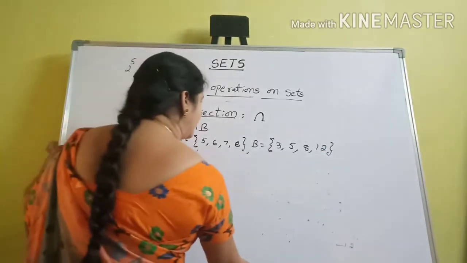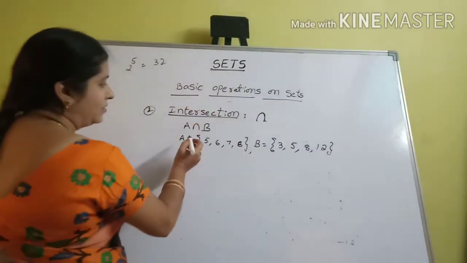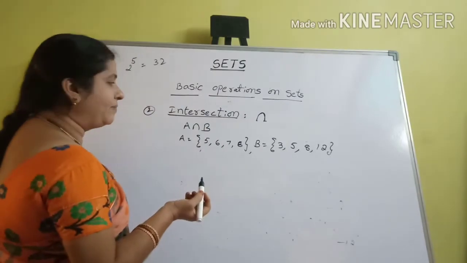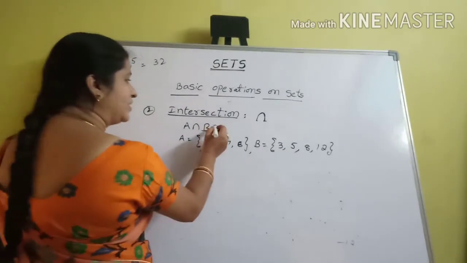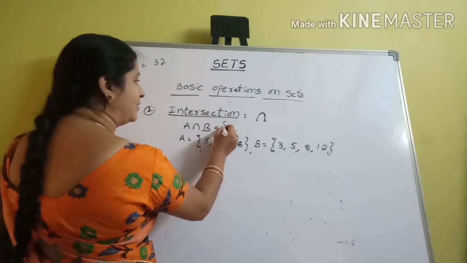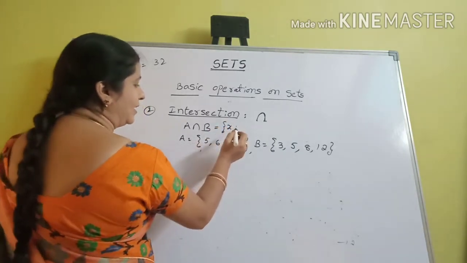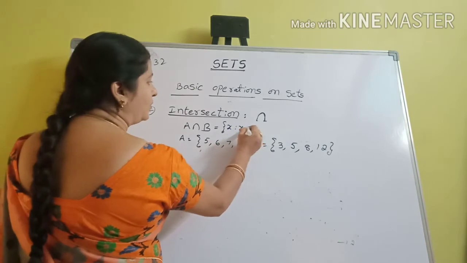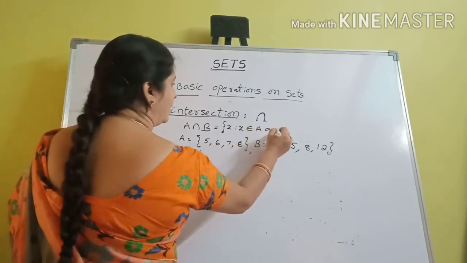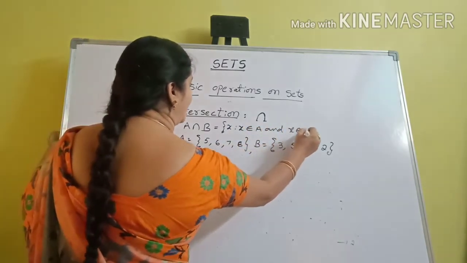So take these two sets A and B. What is meant by A intersection B? First of all, what is the definition of A intersection B? A intersection B means X such that X belongs to A and X belongs to B.